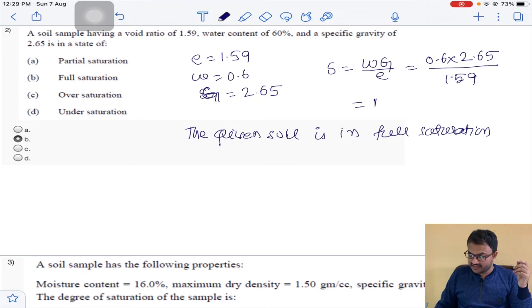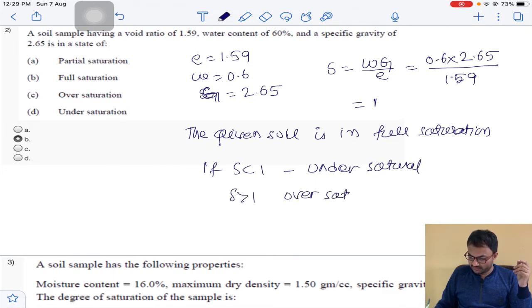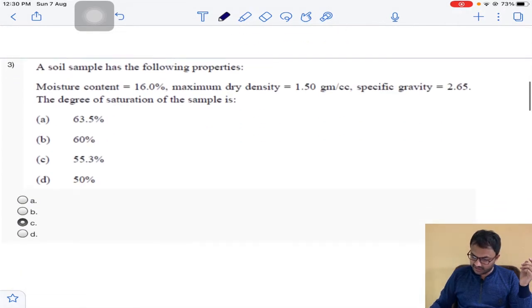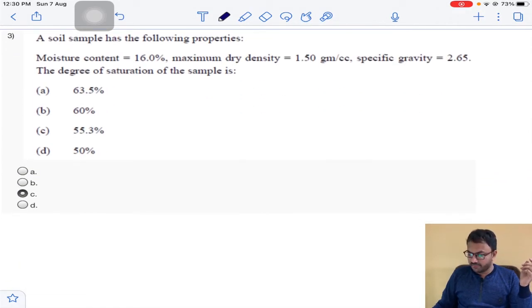If S is less than 1, it is under saturation. If S is greater than 1, it is over saturation. So for this question, the answer is full saturation. The option is B.